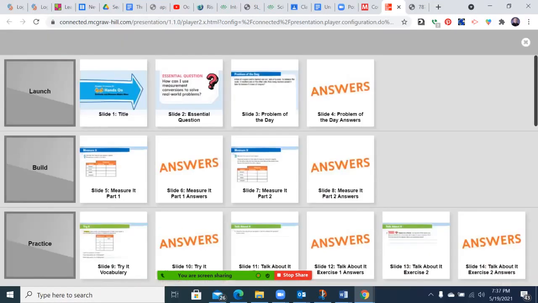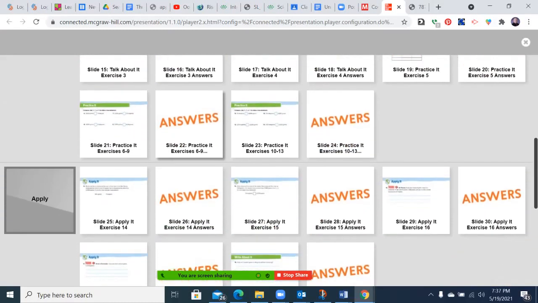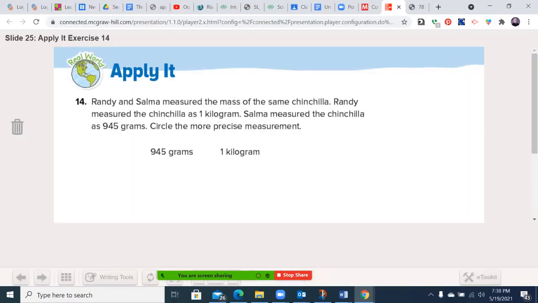Let's move forward just a little bit. Scroll down here. Randy and Selma measured the mass of the same chinchilla. Randy measured the chinchilla as 1 kilogram. Selma measured the chinchilla as 945 grams. Which one's more precise?